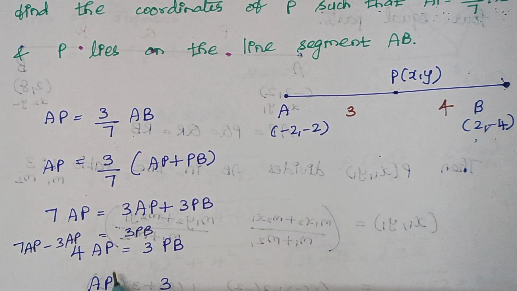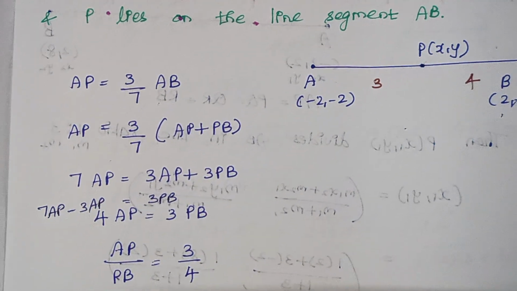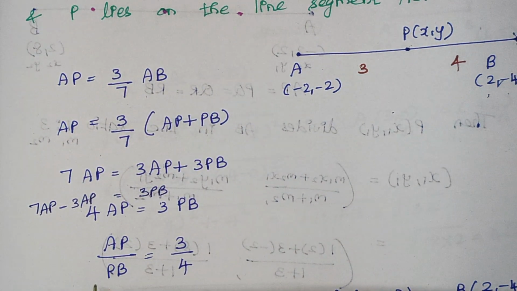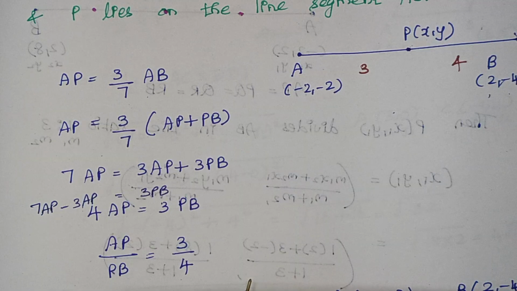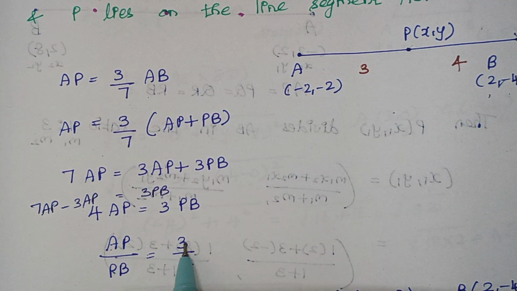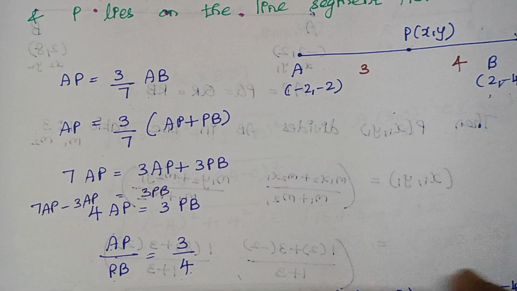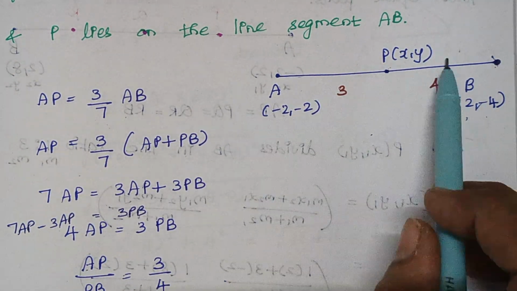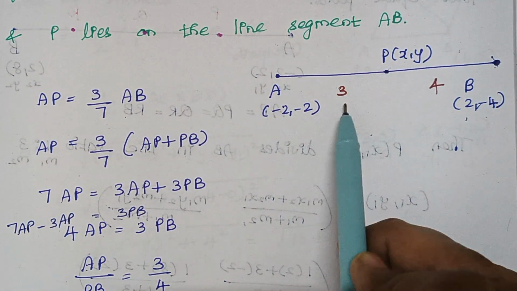So again I am making a ratio, AP by PB is equal to 3 by 4. We are just rearranging the terms and making a ratio. So here AP is 3 and PB is 4.